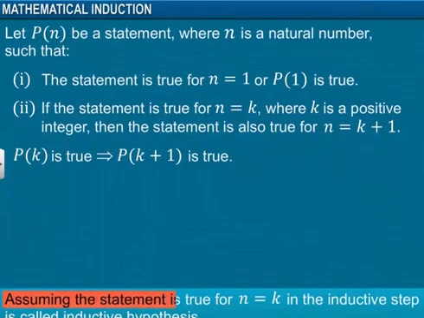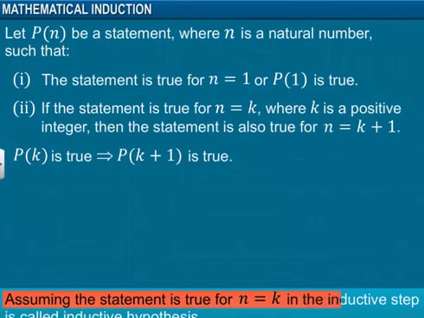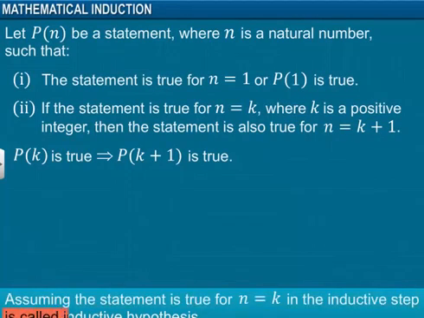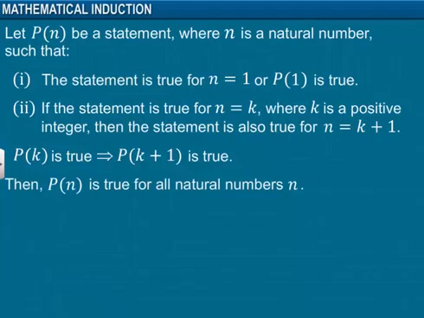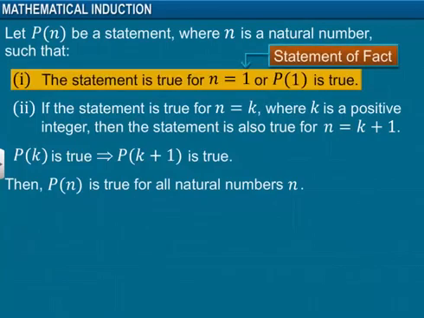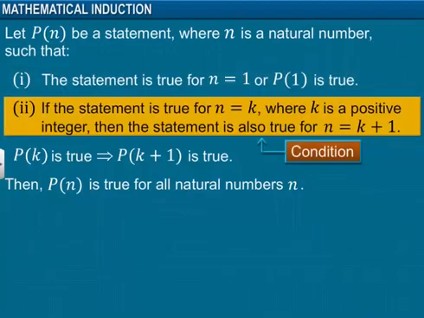Assuming the statement is true for n equal to k in the inductive step is called the inductive hypothesis. Then, P of n is true for all natural numbers. Principle 1 is a statement of fact, while Principle 2 is a condition.